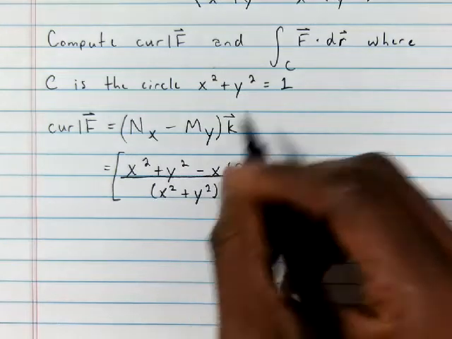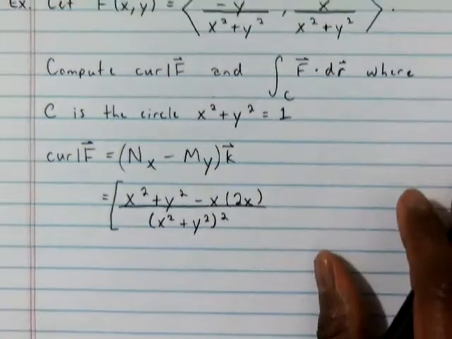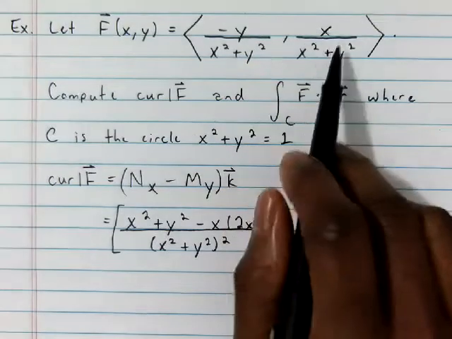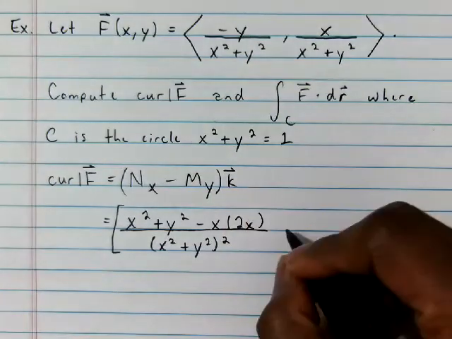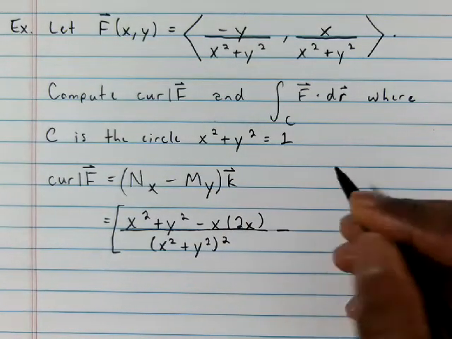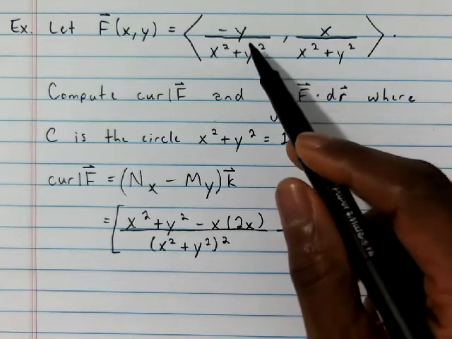That is our partial of N with respect to x, and then minus the partial of M with respect to y.